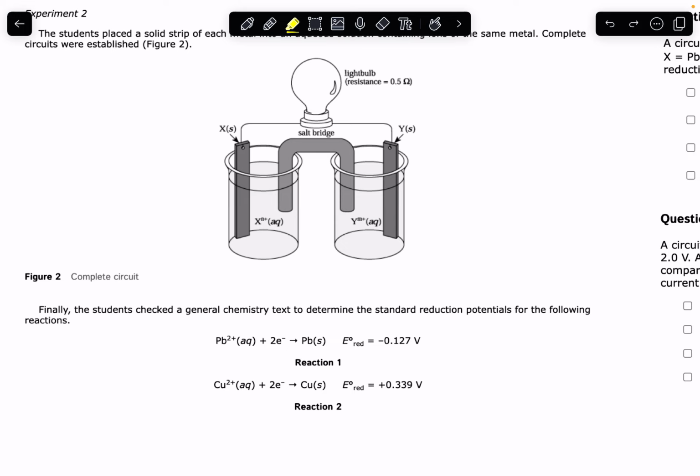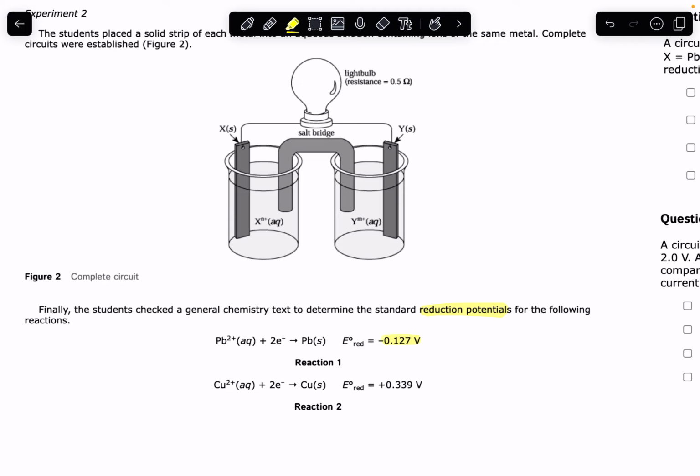It says, finally, the students checked a general chemistry text to determine the standard reduction potential for the following reactions. Reaction 1 is Pb getting reduced to Pb solid, and the reduction potential is really quite low, right? It's negative 0.127 volts.